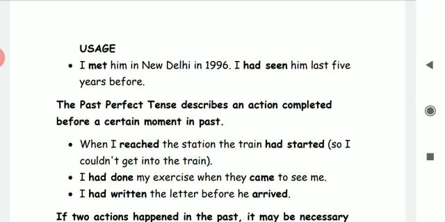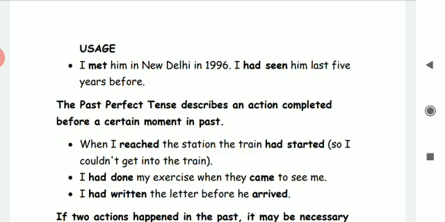Now see this. When I reached the station, the train had started. So I couldn't get into the train. You understand? Let us suppose when you reached the railway station in Delhi, the train had started.